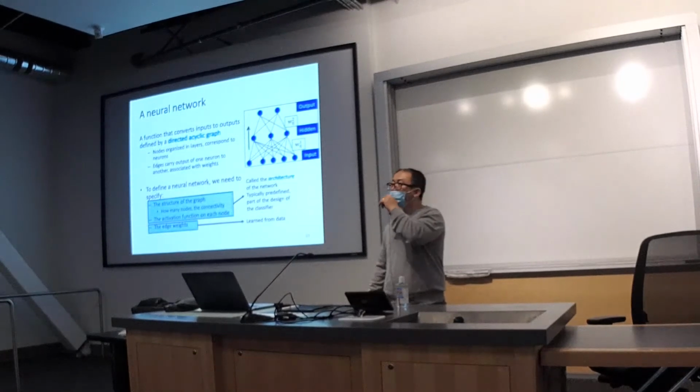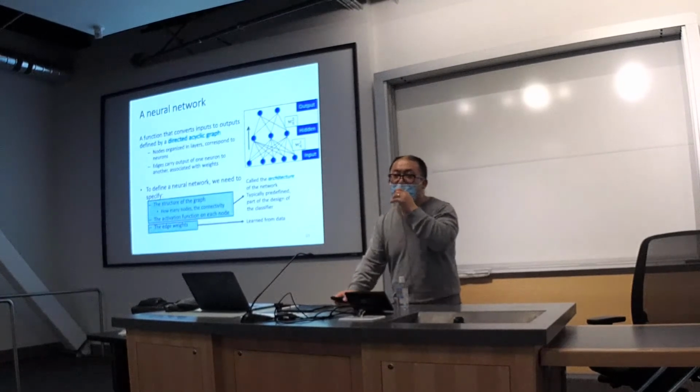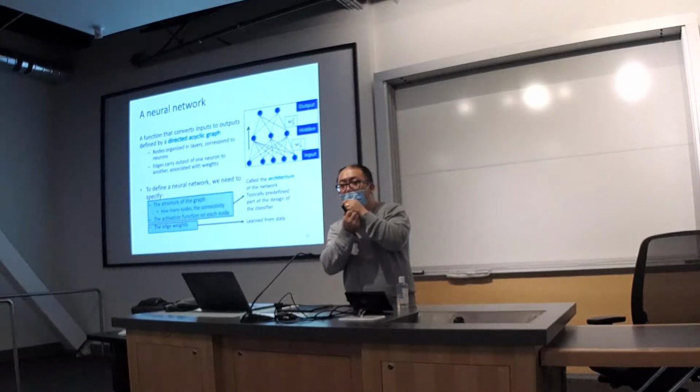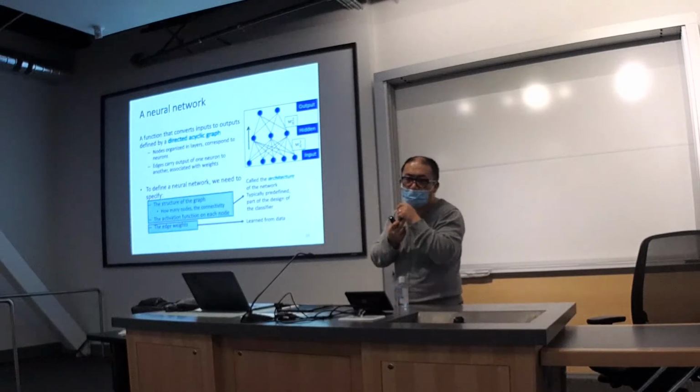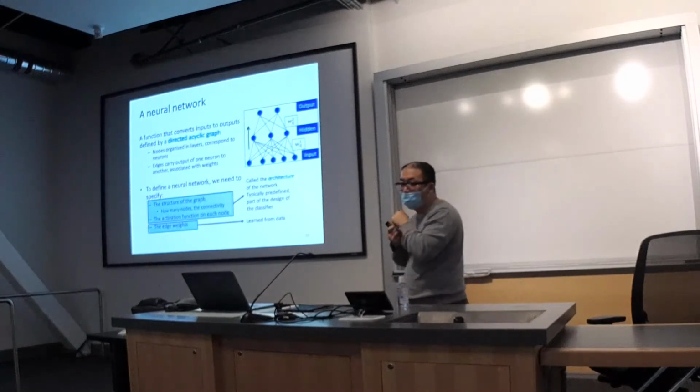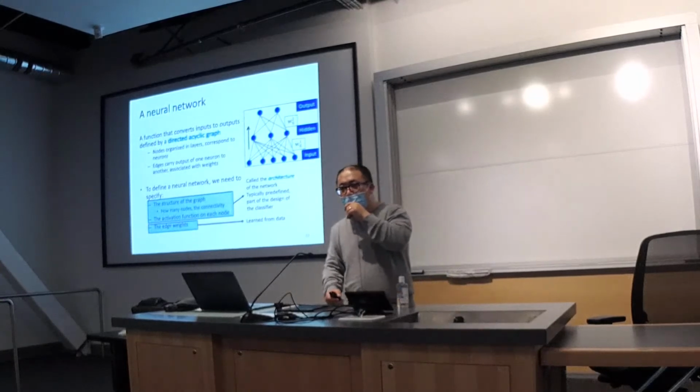Any questions so far? Why is there no cycle, like feedback from the next layer to the previous layer? Can the information from the next layers be fed back to the previous level?